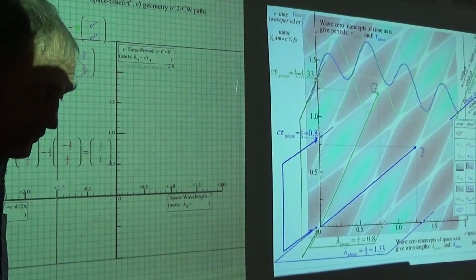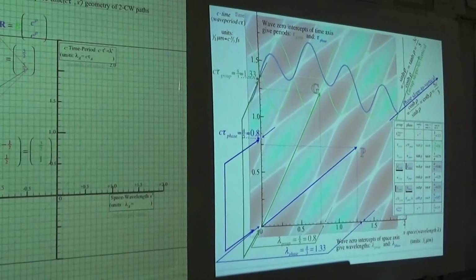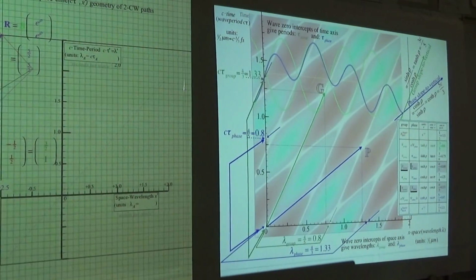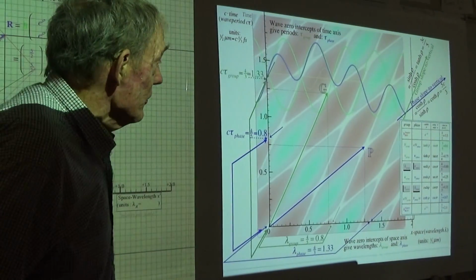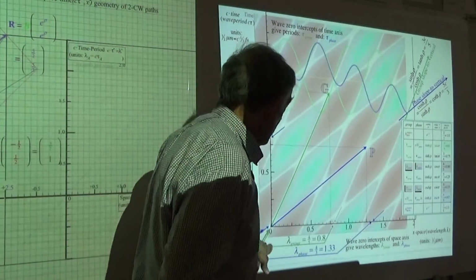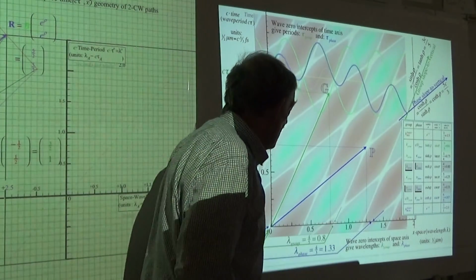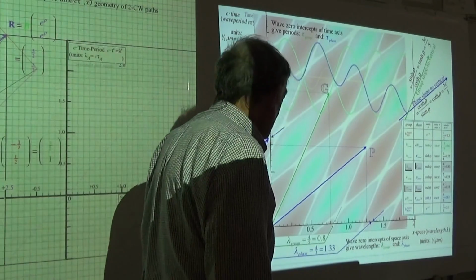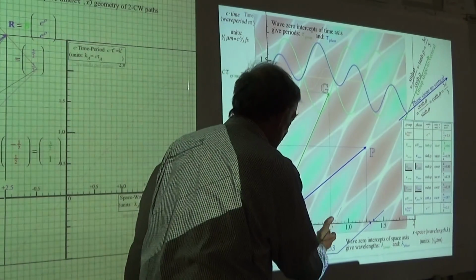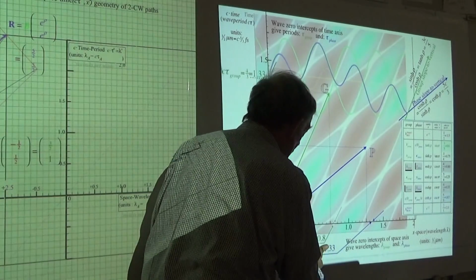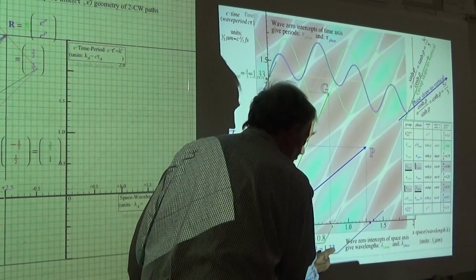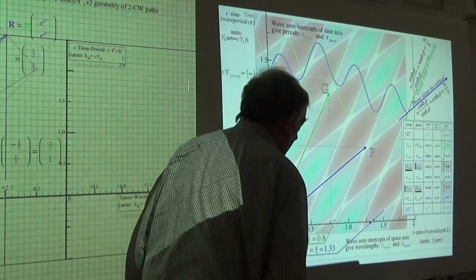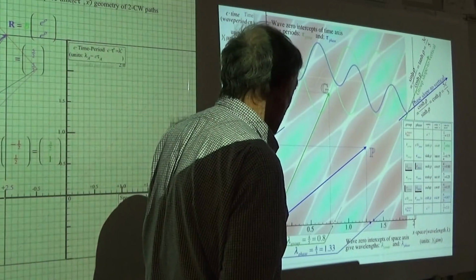Okay, let's see if there's anything else we need to say here. Here we're just spelling out how these numbers come. That is 0.8, 4/5, that we're seeing for the distance between those, and then this one's 1 1/3, 4/3, going there.